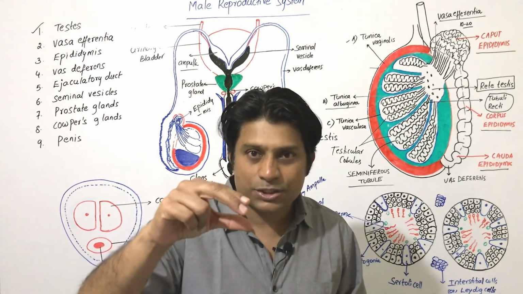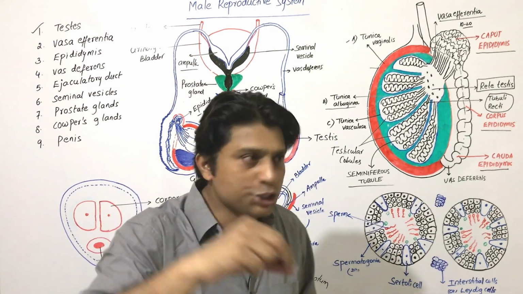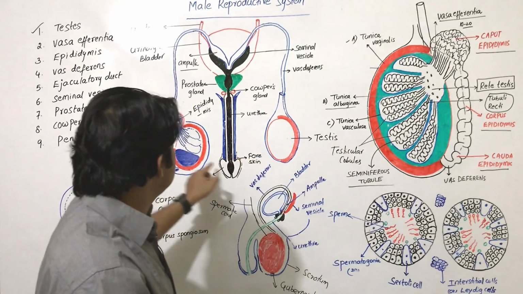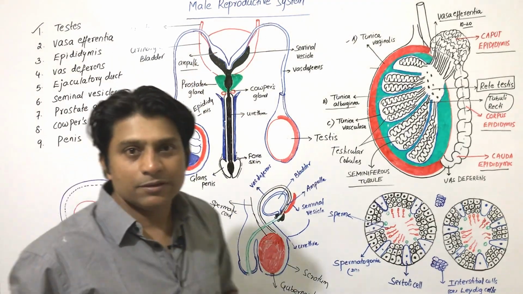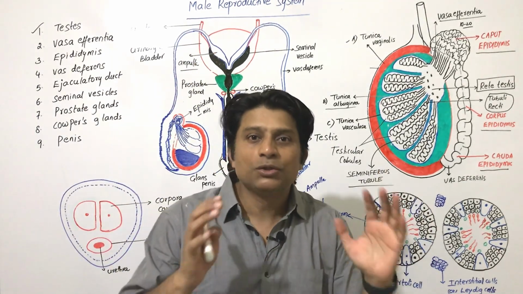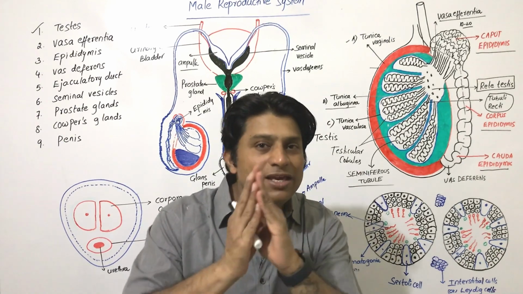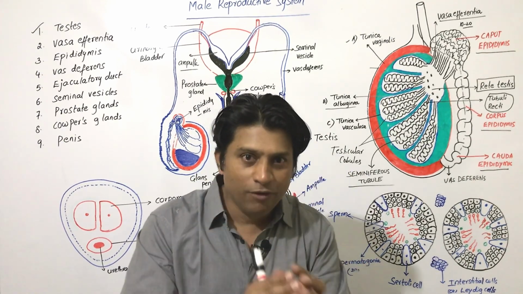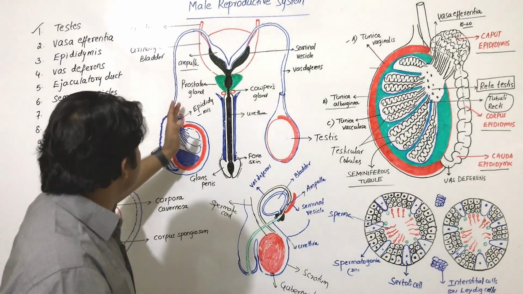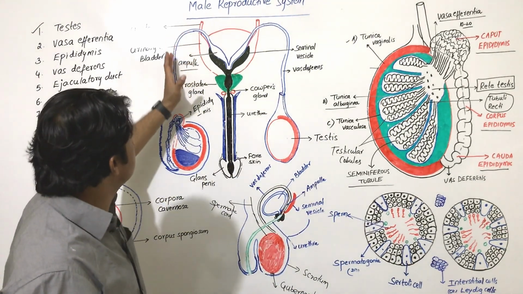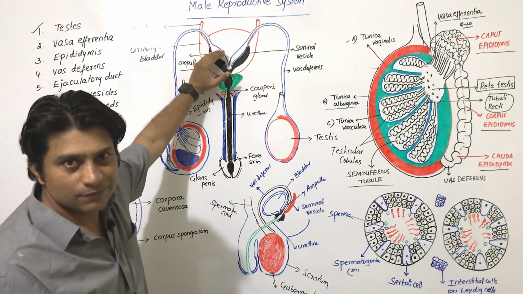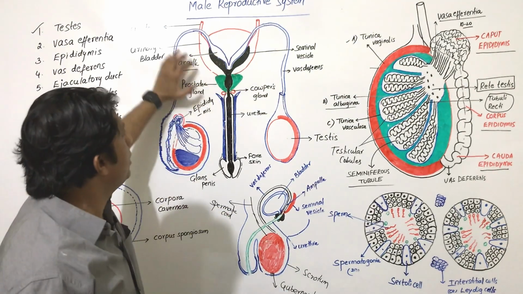These muscles provide propulsion for the movement of the spermatozoa into the abdomen. Sperm is not going to utilize its own energy here, and sperm move by the propulsive movement of the muscles present in the vas deferens. Please keep this point in your mind.